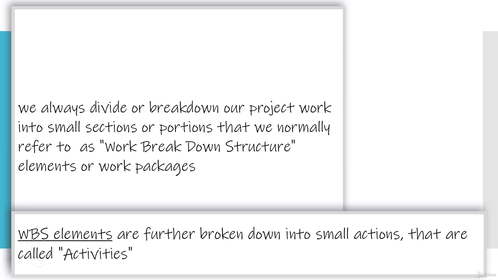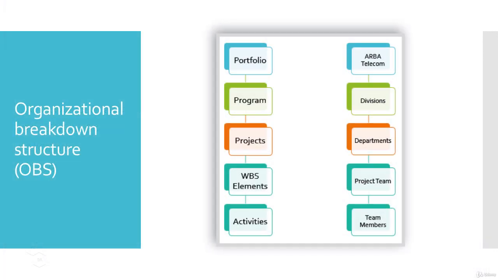Now, from this discussion, I'm sure you are now very well aware of the OBS concept, that it's a hierarchy. Important to remember the hierarchy, and don't forget to note down the difference here. Please learn the concept.